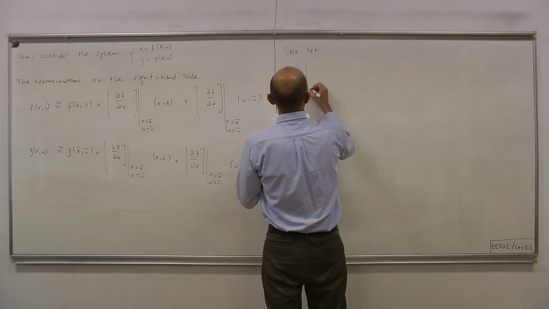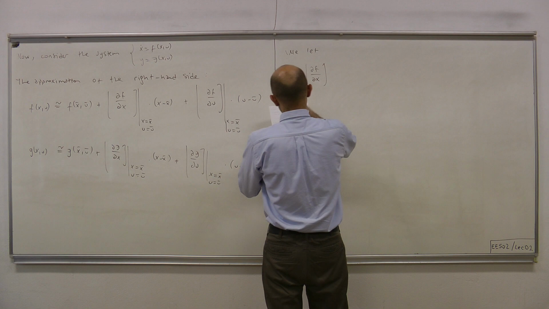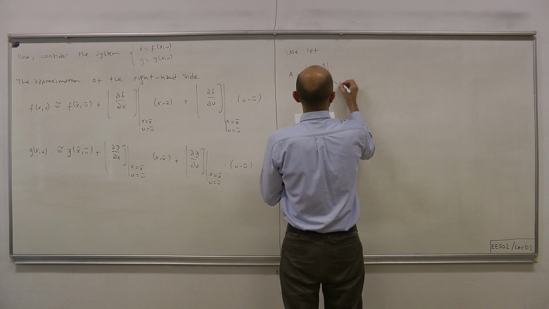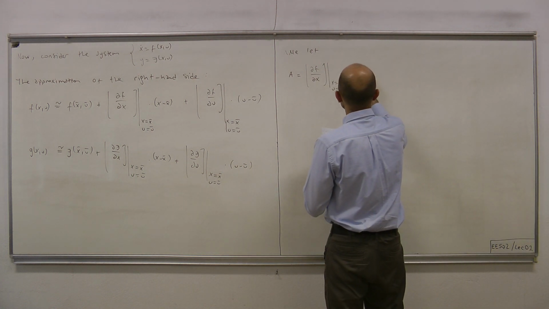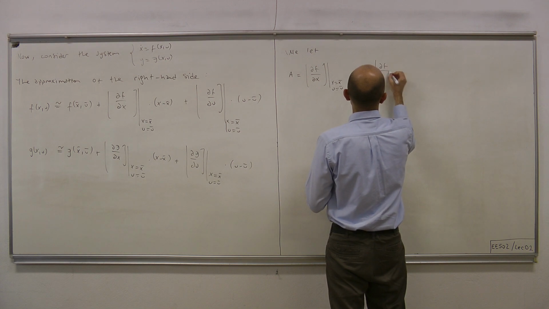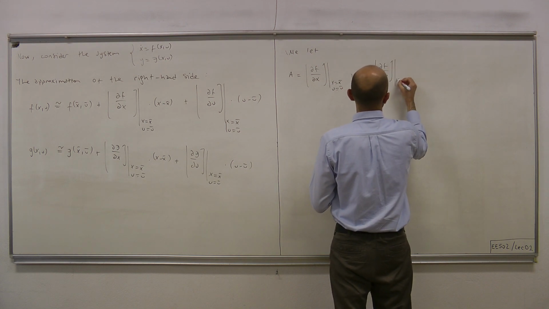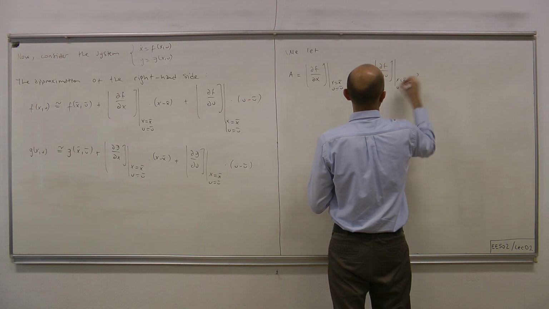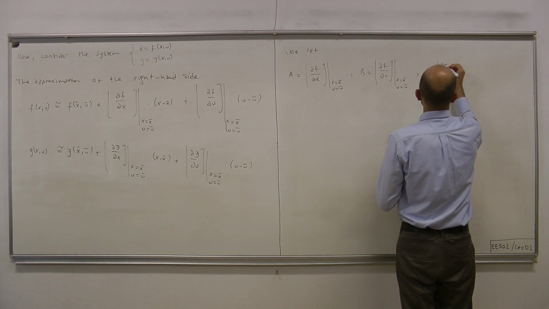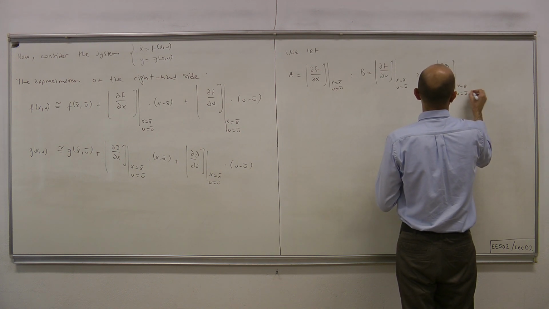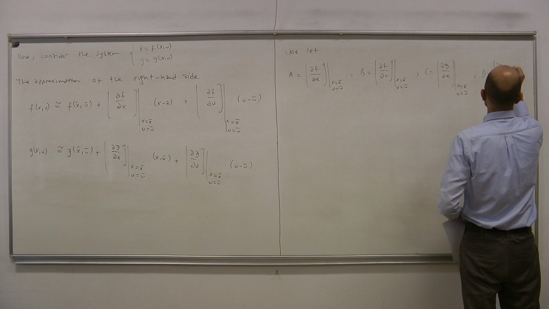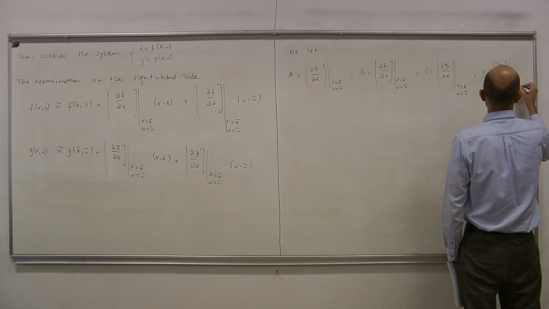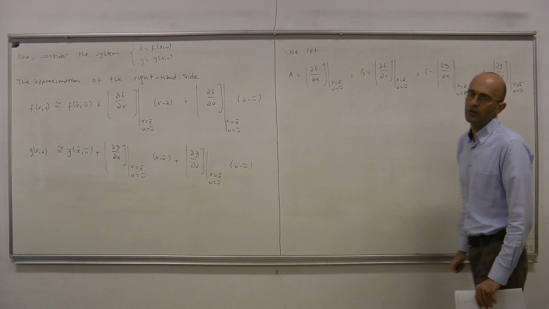So we let A be this matrix. It's a square matrix. B is this matrix evaluated at x equals x bar, u equals u bar. C equals this, evaluated at x equals x bar, u equals u bar. And finally, D is g u evaluated at x equals x bar and u equals u bar.